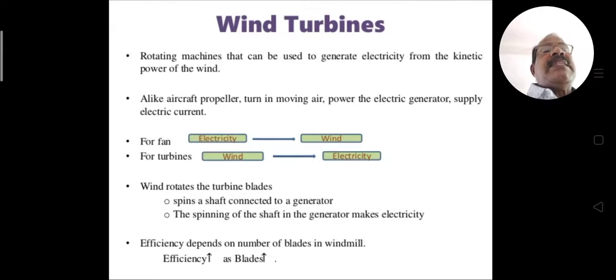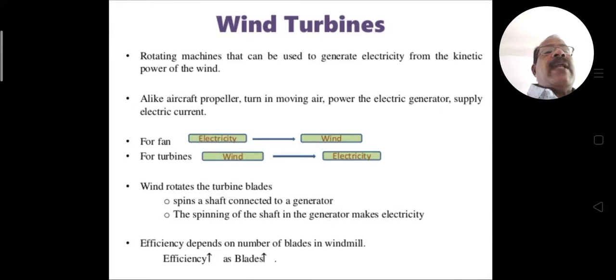A wind turbine is a rotating machine that can be used to generate electricity from the kinetic energy of the wind. That is, the kinetic energy of the wind is converted into electric energy using this rotating machine, which is a wind turbine.